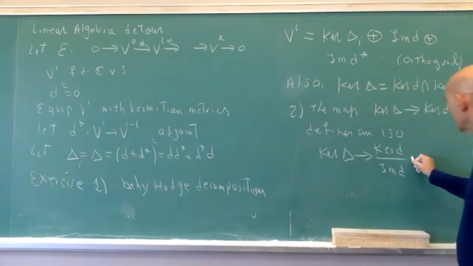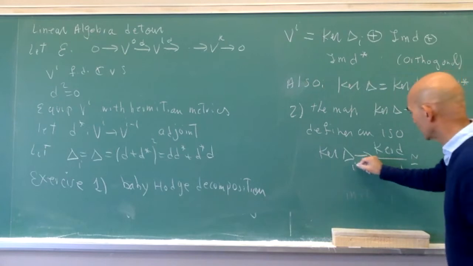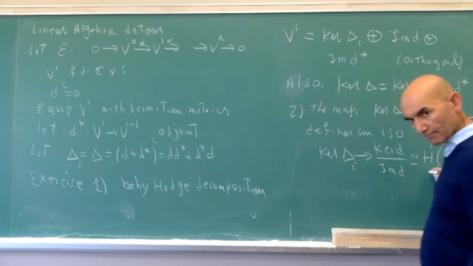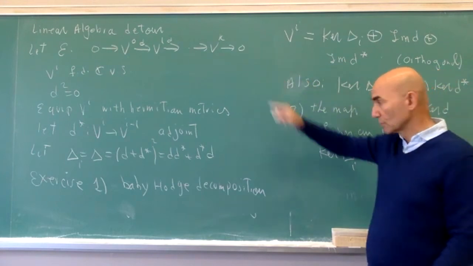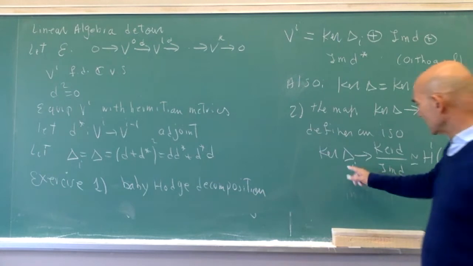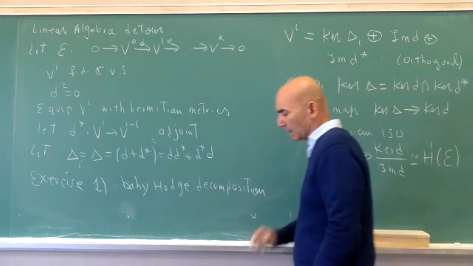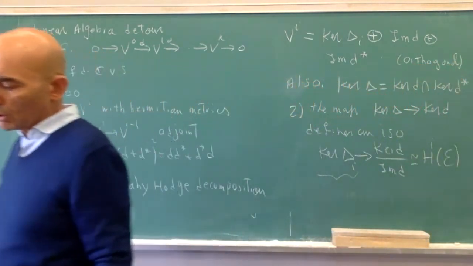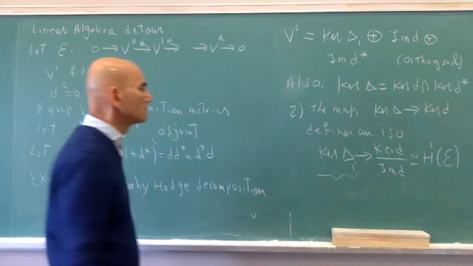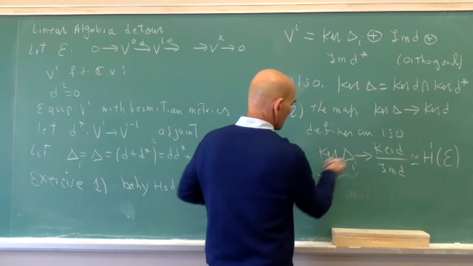And remember, this is of course isomorphic, so I put delta I, this is isomorphic to H^i of E. So this is the ith cohomology of E, right? Okay. So this space, the kernel of delta I, consists of what are called harmonic elements, harmonic functions, harmonic sections.